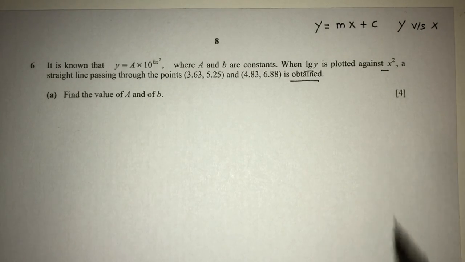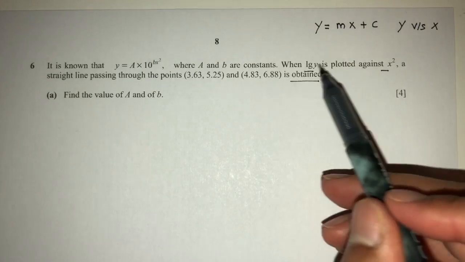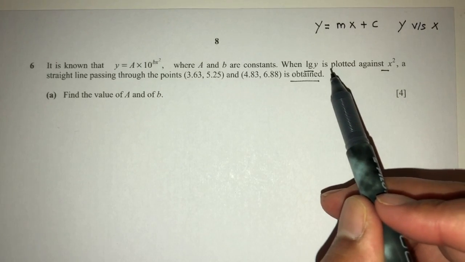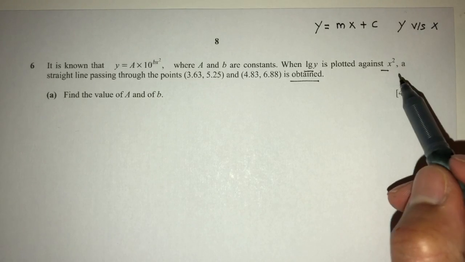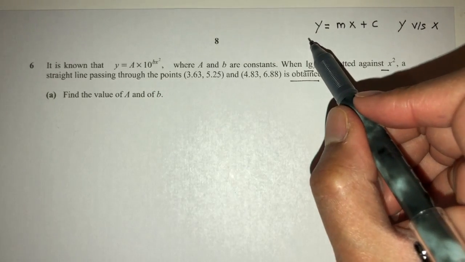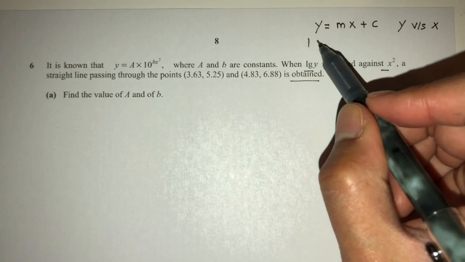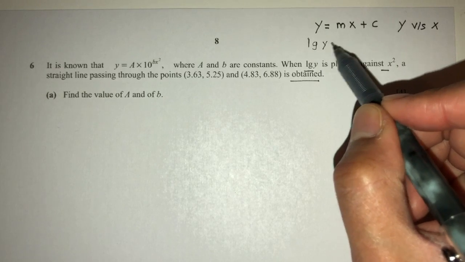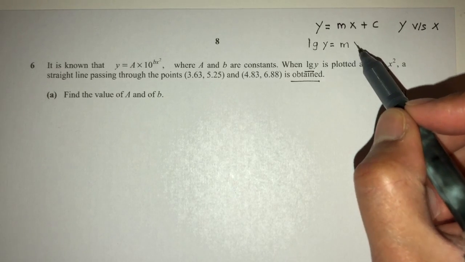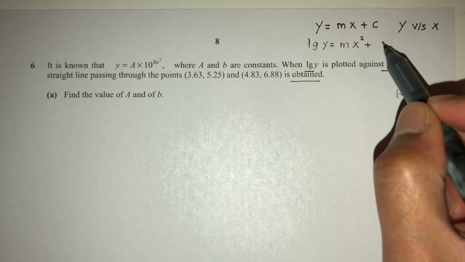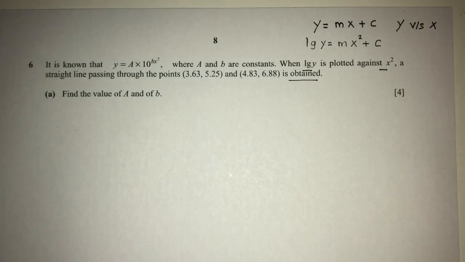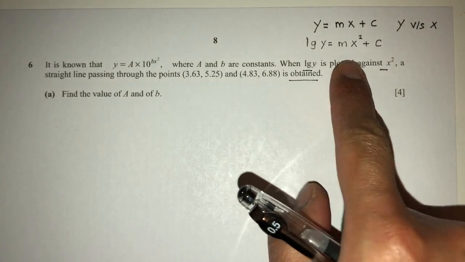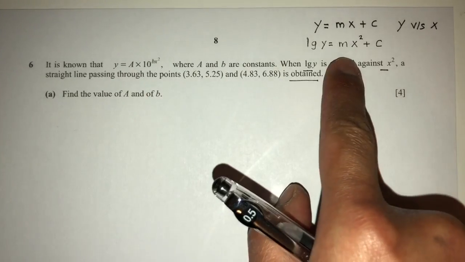We just replace the y, x by these two. When log y is plotted against x squared, we have a straight line. So it means that we will have a graph, an equation which looks like this. Log y against x squared should give you something in this form as a straight line. So we have to find a way to express this as this.